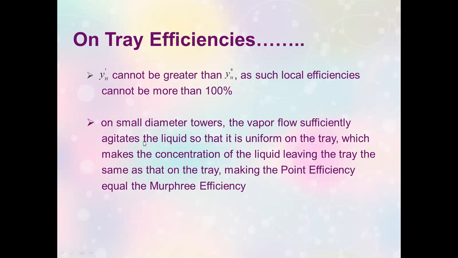Bottom line of this particular statement is that in the case of small diameter towers, we can say that the difference between the point efficiency and the Murphree efficiency is negligible. They are more or less the same. For larger diameter towers, we expect that since the Murphree point efficiency is much more accurate than the Murphree efficiency, then the Murphree efficiency would be higher. Naturally, it would be higher because it's not as accurate as the Murphree point efficiency. This is for large diameter towers.